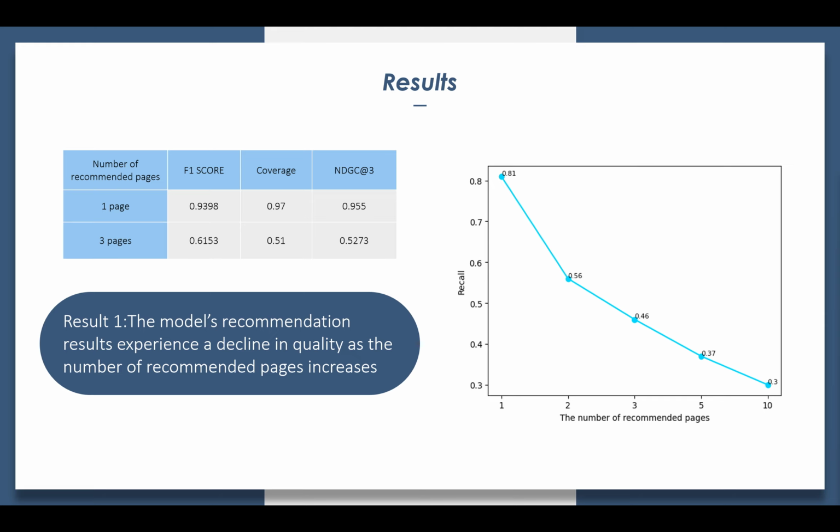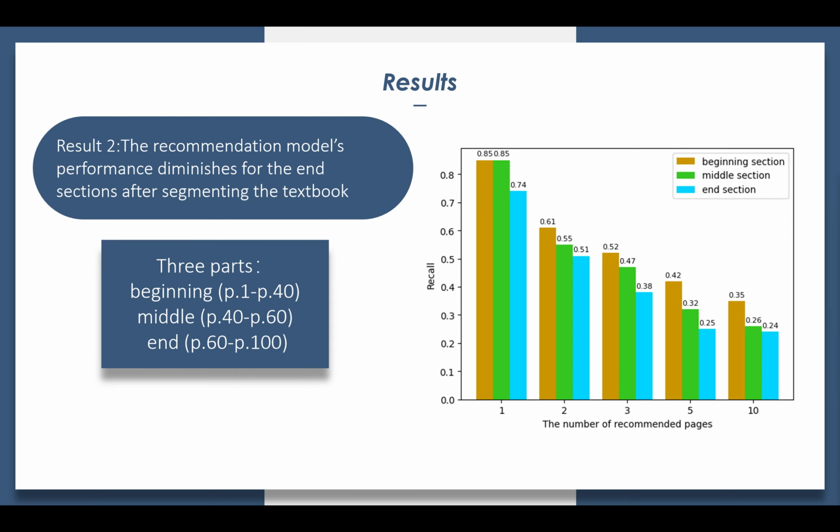However, as the number of recommended pages increases, the performance of the recommendation system declines very rapidly. For the second result, we found that the performance of the recommendation system varies significantly for different parts of the textbook.